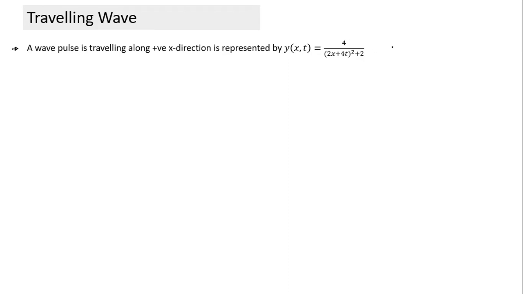Suppose it is a wave. First of all, it has to form a continuous function. If it is a wave equation, y cannot be indeterminate, and y cannot be infinity anywhere. If y is infinity, it cannot be a wave. That's one condition. What is the second condition?